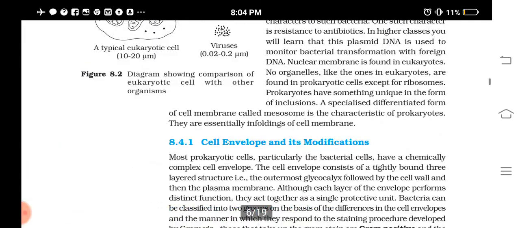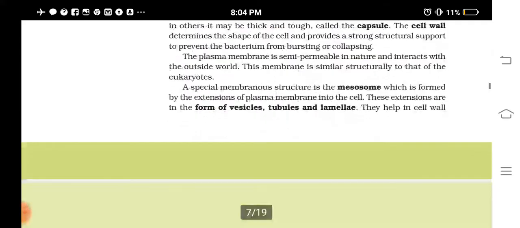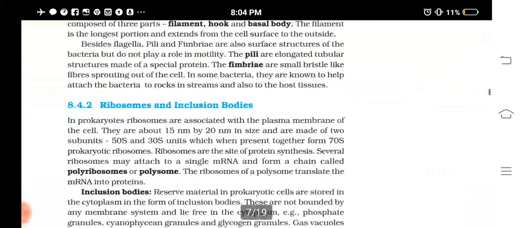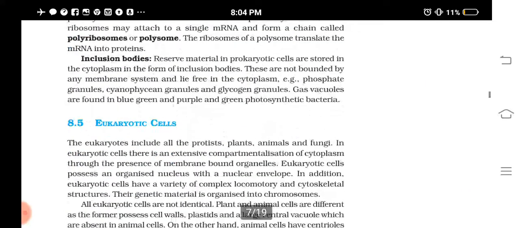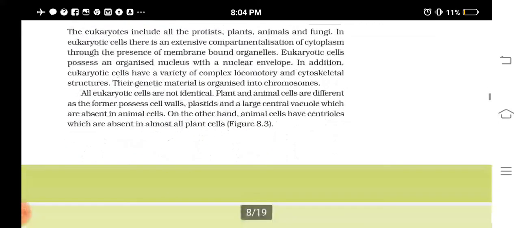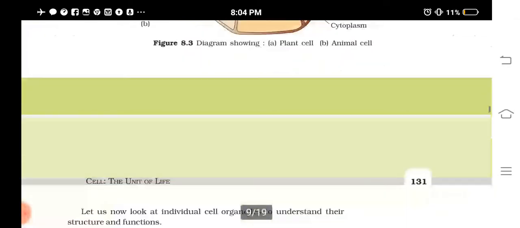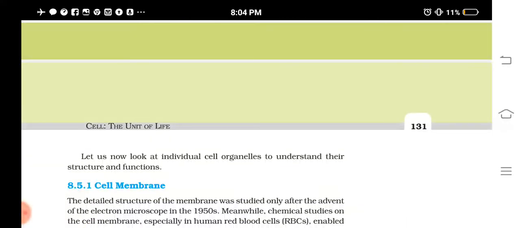Then you can see 8.4.1, cell envelope and its modifications, and 8.4.2, ribosomes and inclusion bodies, and then 8.5, that is eukaryotic cell. So up to this portion, before 8.5.1, cell membrane, which I will teach you afterwards. So till this you will have to learn.